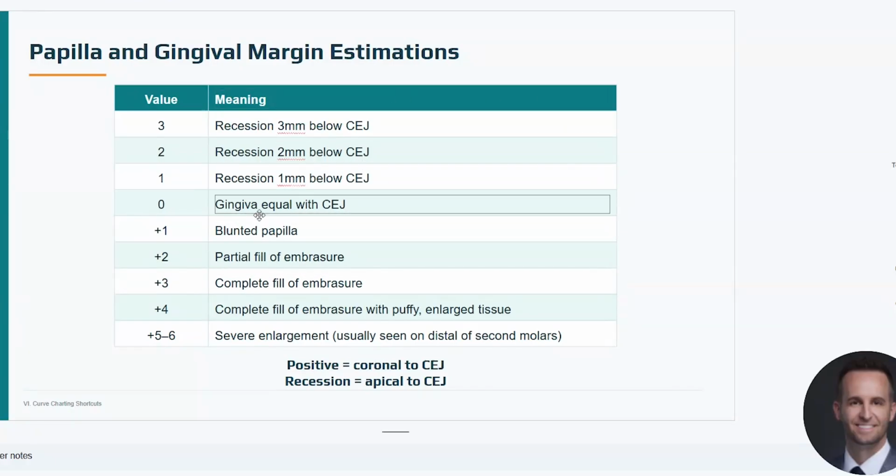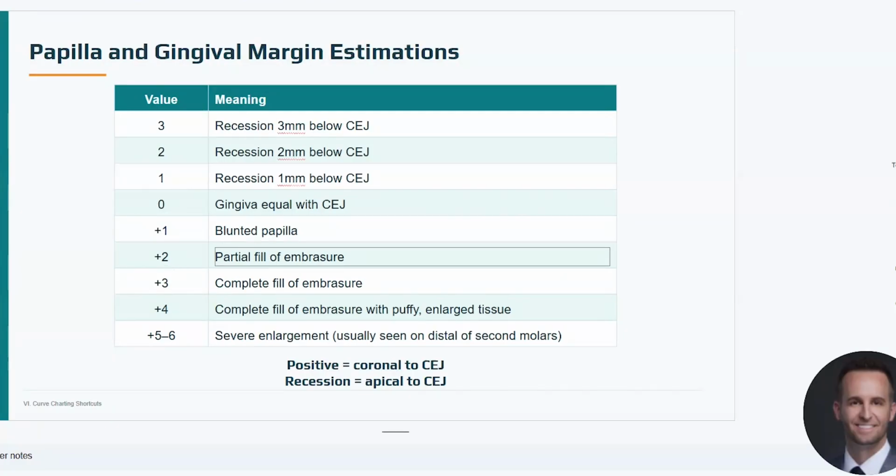If you see someone with a complete fill of their embrasure, so that gum tissue fully fills in that black triangle that they've got next to their tooth, go with a +3. If it's partially filled, you see a little bit of black space just below the contact point, but it mostly fills in that embrasure, go with a +2.